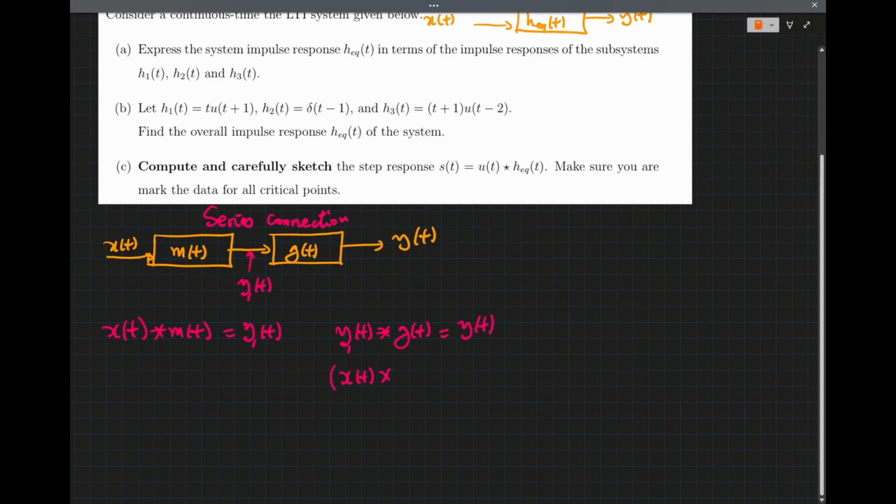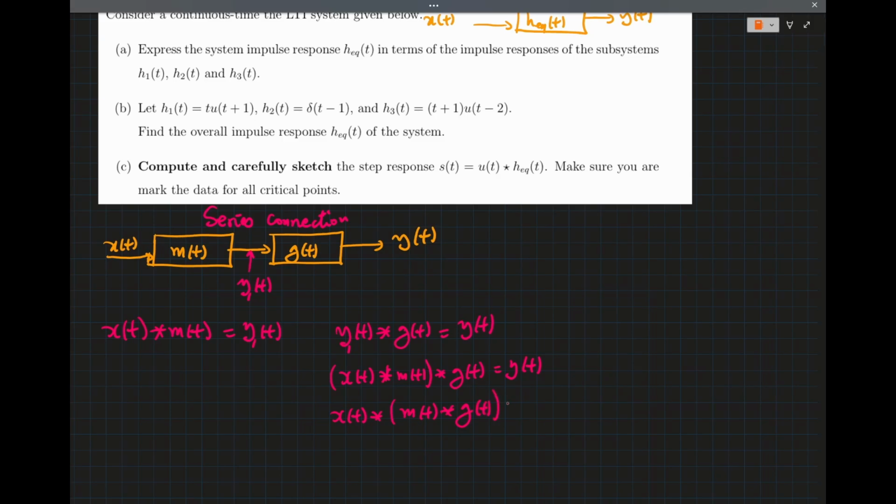We know that the convolution operation is commutative, so x of t convolved with m of t is the same as m of t convolved with x of t. And since convolution is associative, I can put the x out, and I have m of t convolved with g of t, which is still my output.